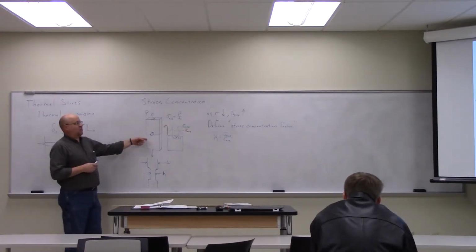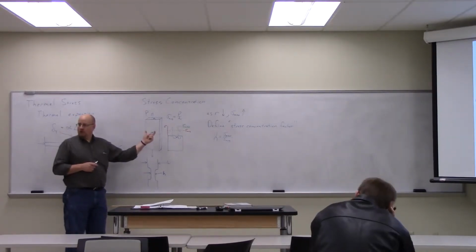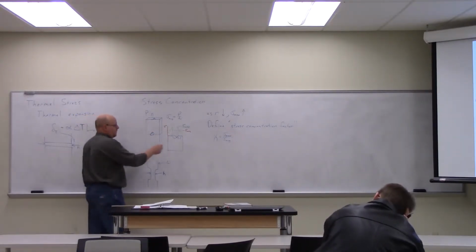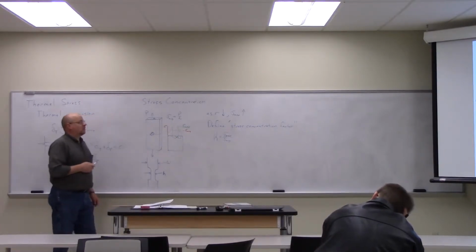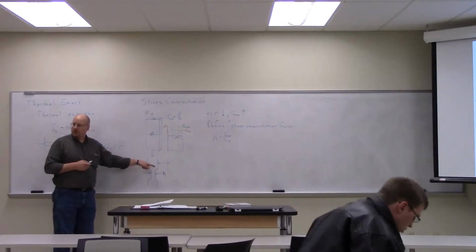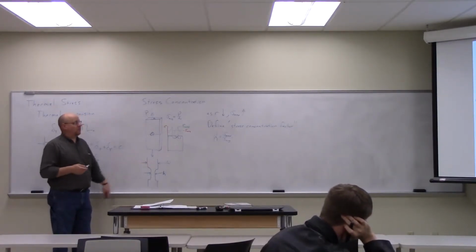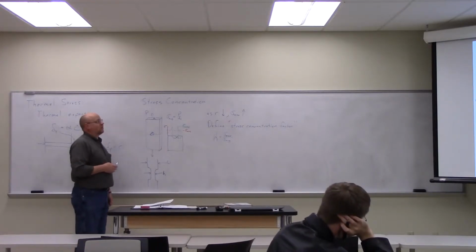There's no W and H here, we just have the W up here because there's no narrowing of the width. And then we have R, the radius of curvature of either the hole or the fillet. It's the same idea, so R is still a radius of curvature.